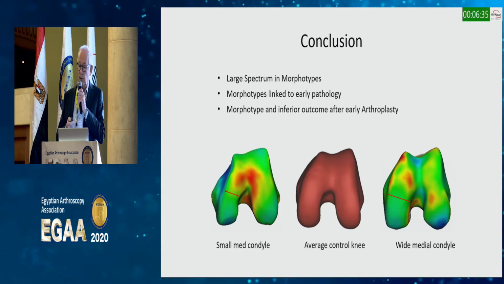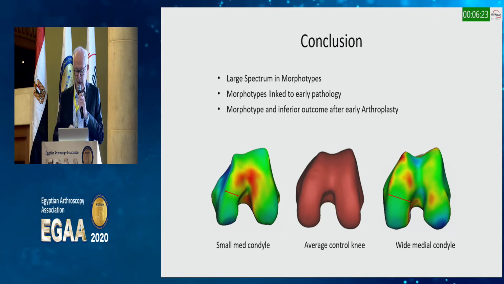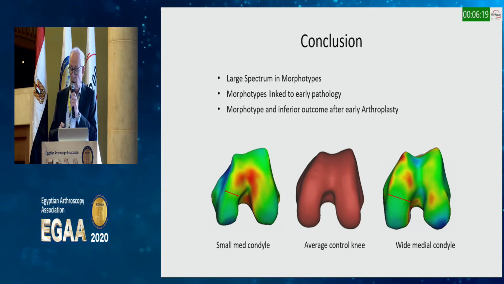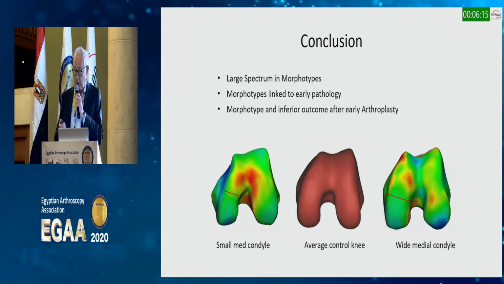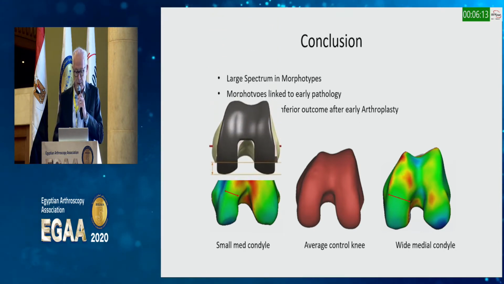The conclusion is that there is a large spectrum of morphotypes. They are linked somehow to early pathology if we consider the finite element analysis, and the morphotype and inferior outcome after early arthroplasty, because that's the point where we want to lead our investigation.